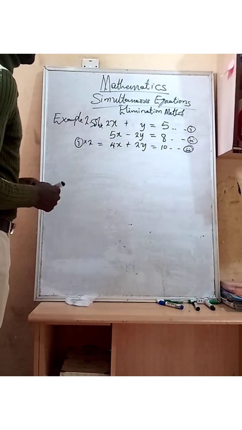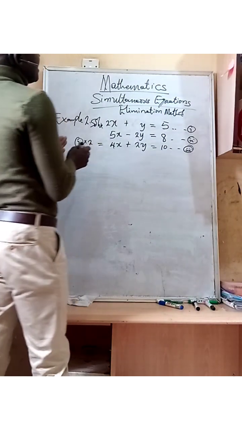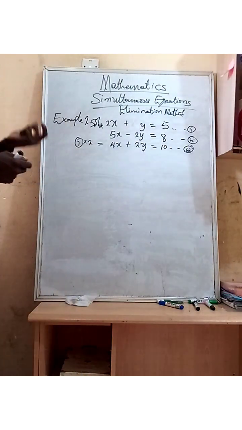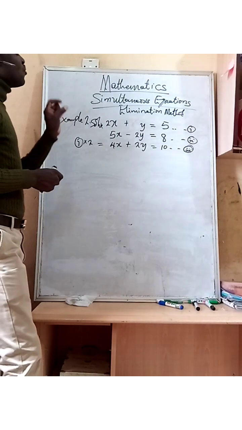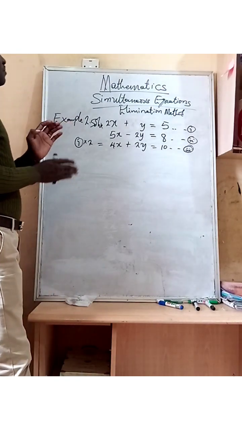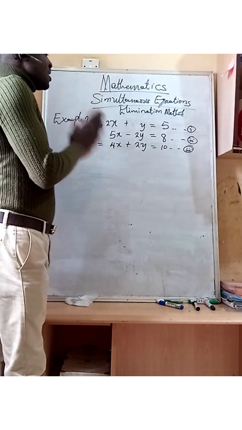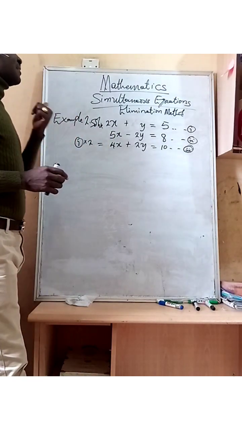Now we have successfully obtained 2 equations in which the coefficients of one of the variables are equal, although the signs are not the same.